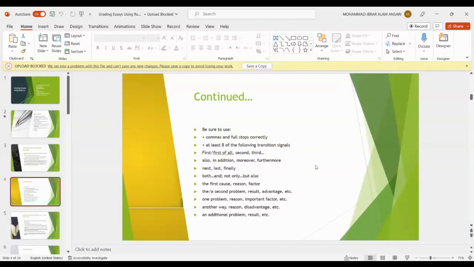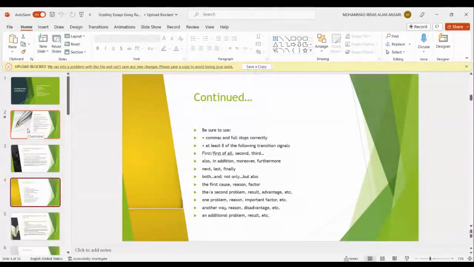Sometimes it's specified, as here. It's specified they must write at least 8 transition signals, and examples are given here. First of all, second, third, as you can see here. Not only, but also, transition signals of order, and so on and so forth.